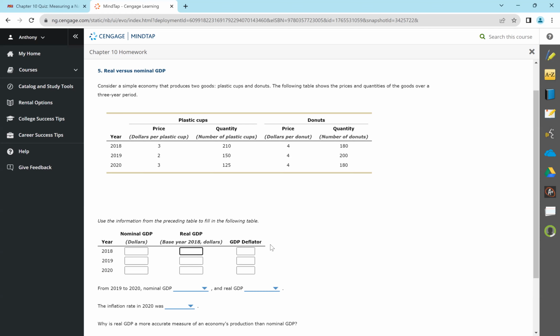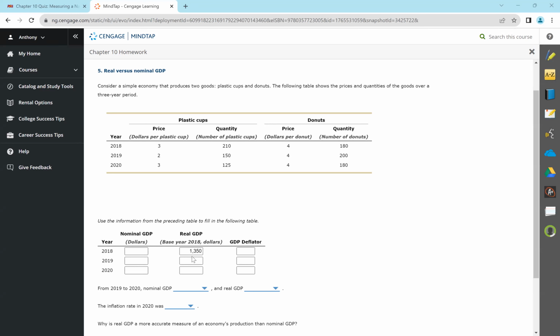1350. Okay. Now for 2019, you're using the 3 price but the 150 quantity, and the 4 price and the 200 quantity. So 3 times 150 plus 4 times 200: 1250.